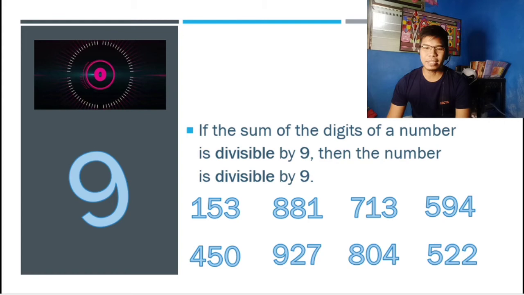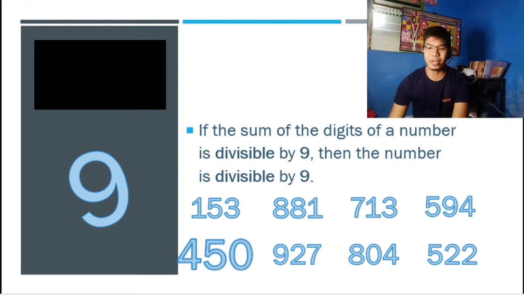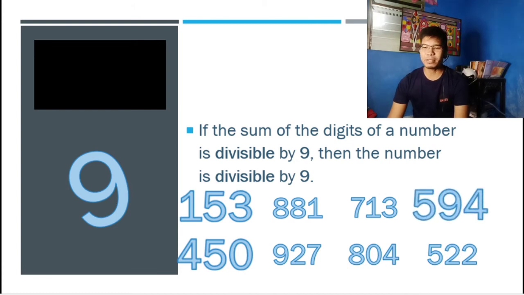So let us now have the answers for the last 7 numbers. The numbers that are divisible by 9 are 450, because 4 plus 5 plus 0 is 9. Of course, 153 a while ago. Then we have 594, because 5 plus 9 plus 4 is equal to 18, and 18 is divisible by 9, so therefore 594 is divisible by 9.